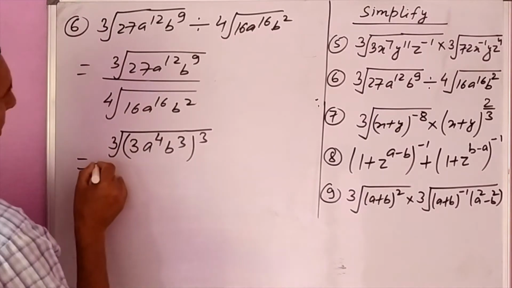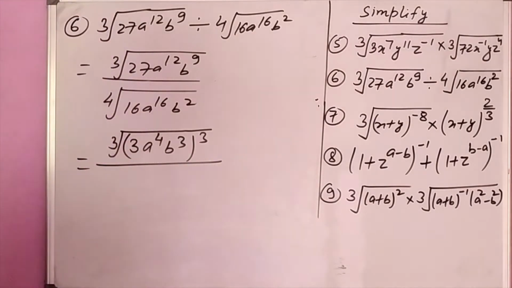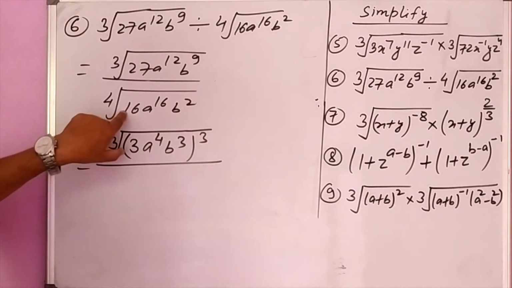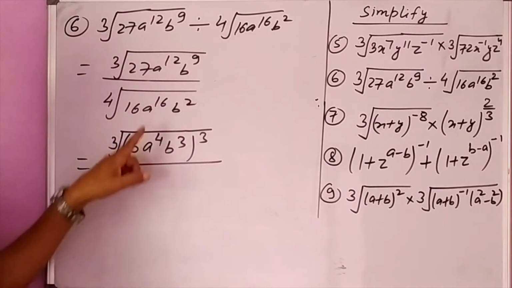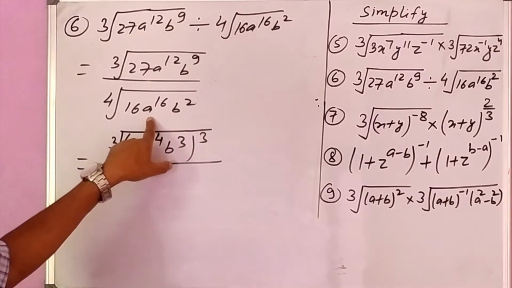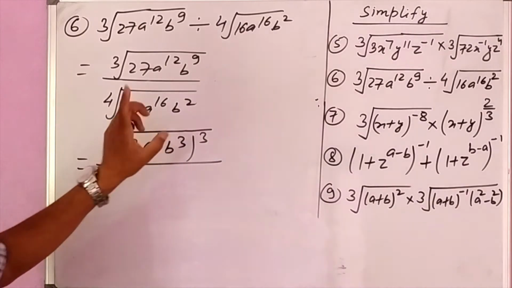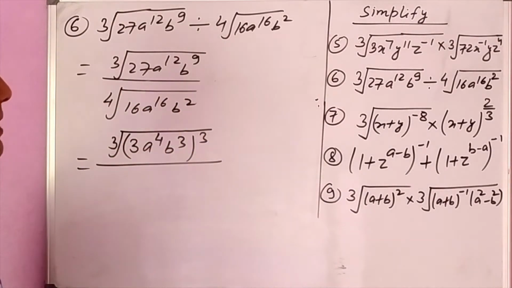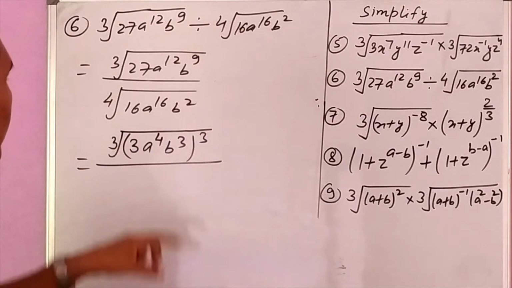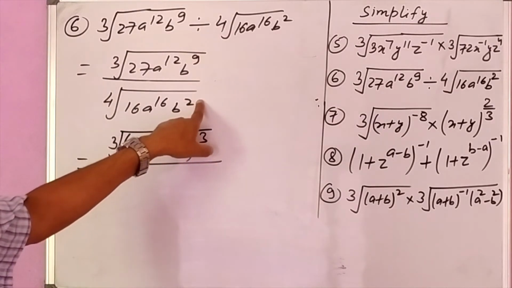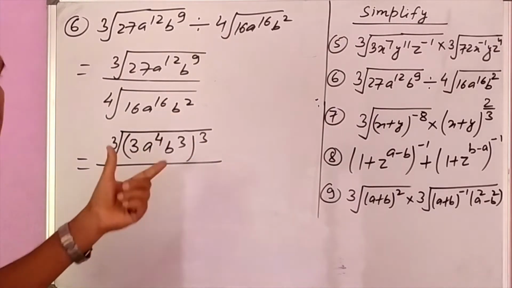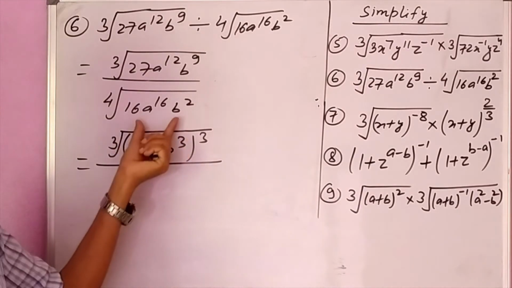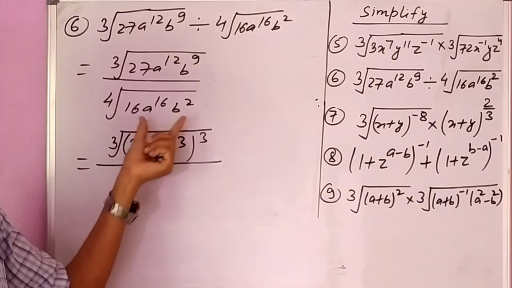And denominator, this 16 it is 2 to the power 4, this a power 16 is a to the power 4 to the power 4, but here we have b square only. It is not multiple of 4. We have 2 only. So we cannot make the single bracket here, single power for this radicand in the denominator.